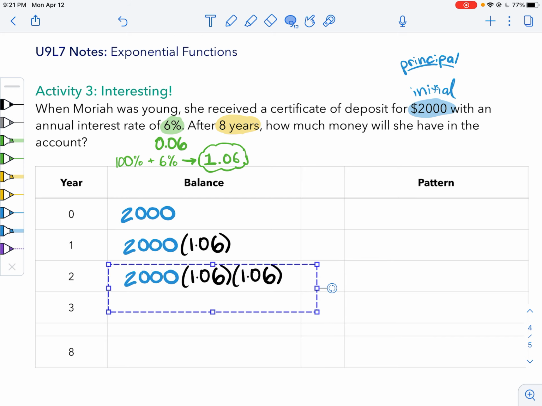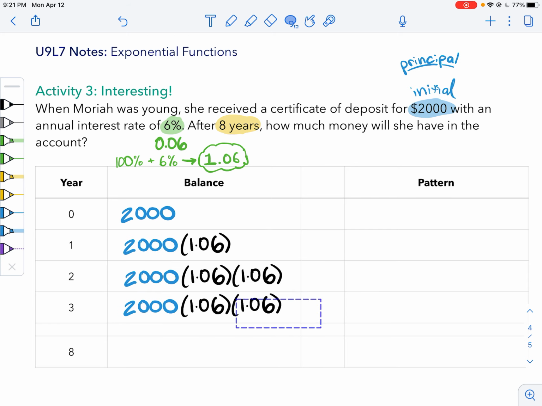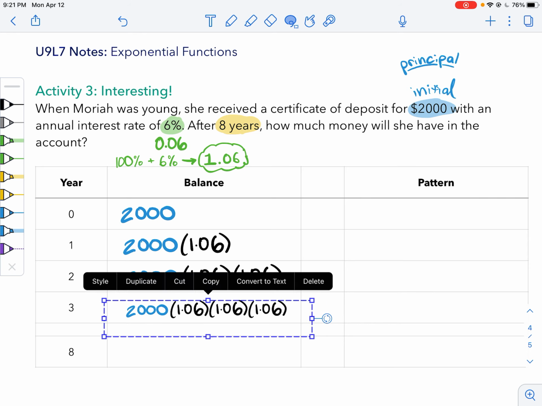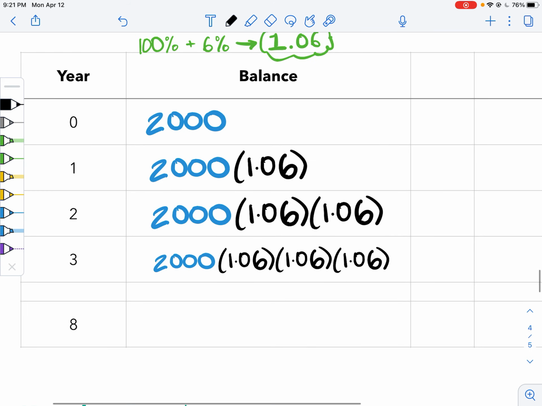And then, the next year, she had $2,000 times 1.06 times 1.06 times 1.06. And so on and so forth. I'm not going to write all the steps because I think you're starting to see the pattern.